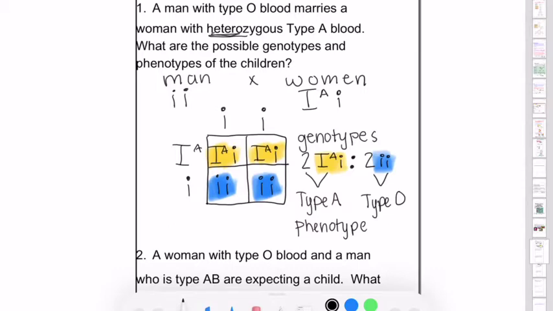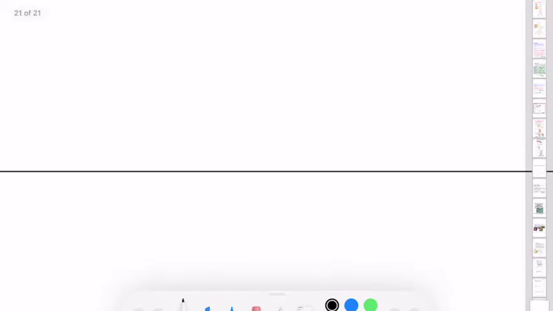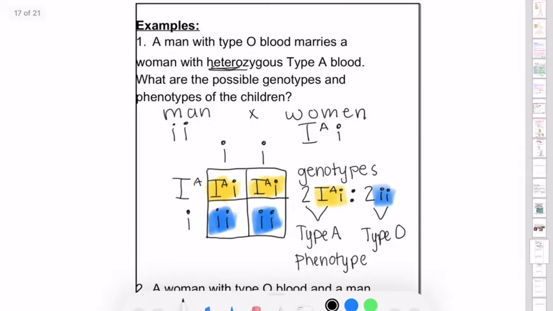All right. So that is how we figure that out. This is our phenotypes. So yeah, this is our phenotypes. This is literally what it looks like to our eyes. And right here is our genotypes. Okay.